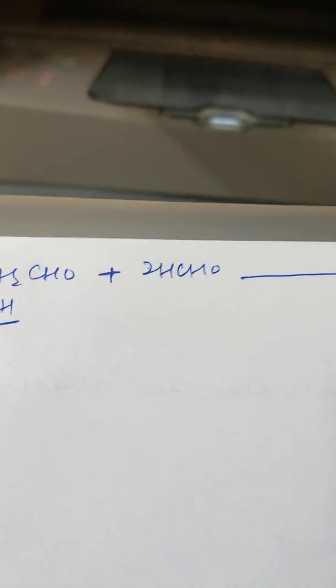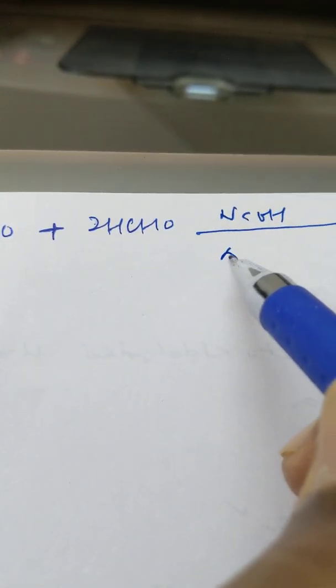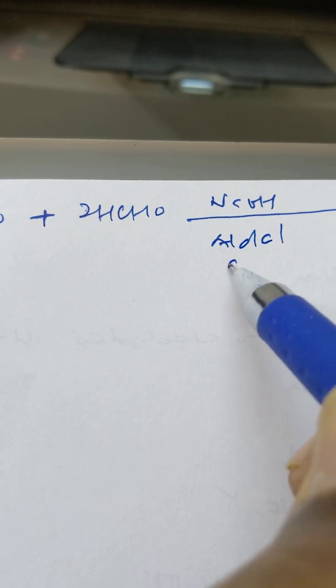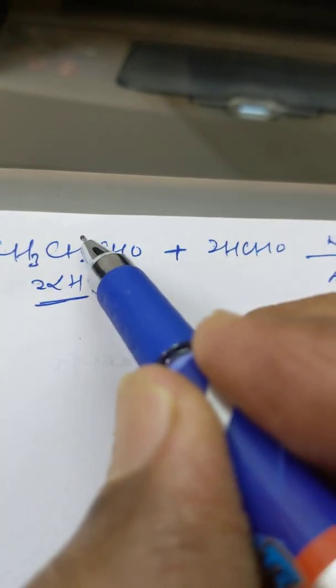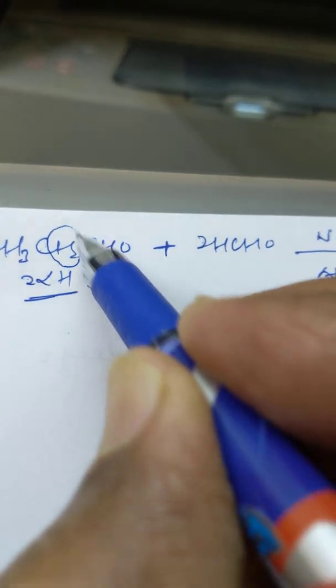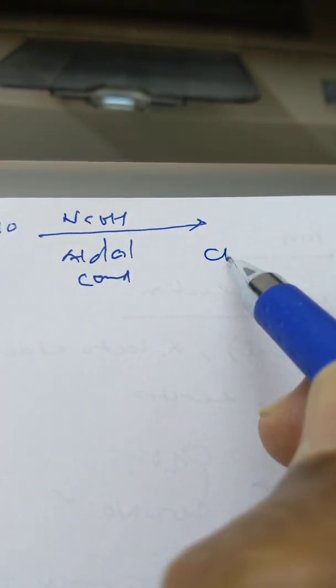Because of these two alpha hydrogen atoms, with NaOH it will undergo aldol condensation. First step will be aldol condensation. What will happen? These alpha hydrogens will be replaced by CH2OH and CHO will remain as such, as we learned in the previous example.